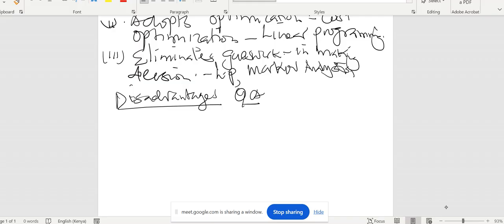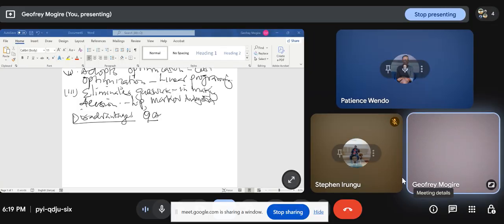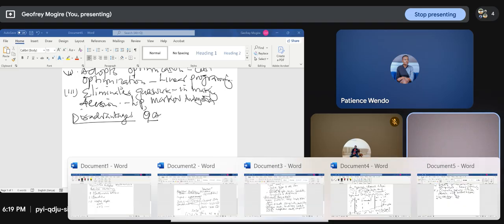We don't expect to have this because you can't come up with a model and then expect to have disadvantages, unless you critique the advantages on that model.